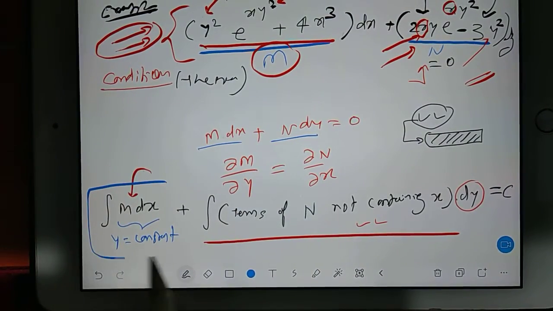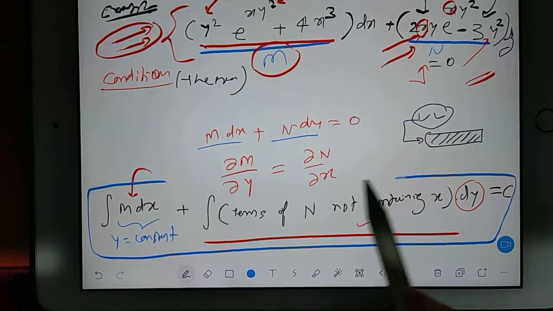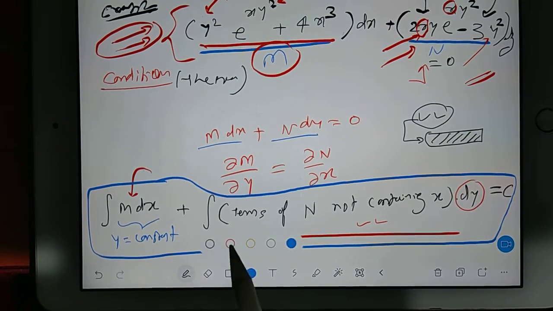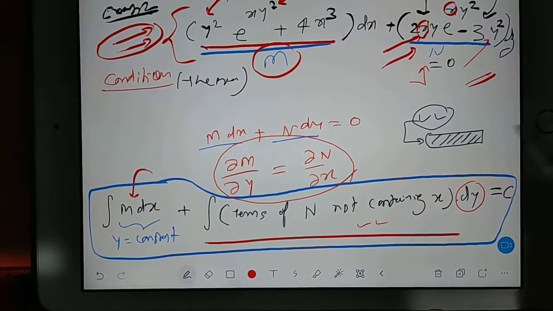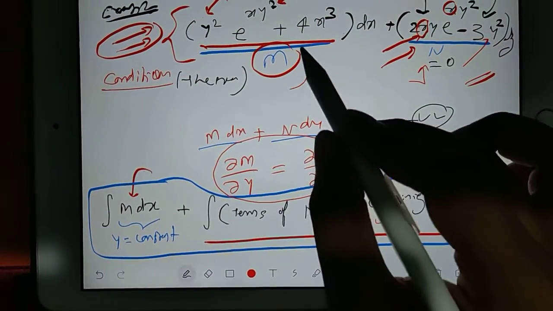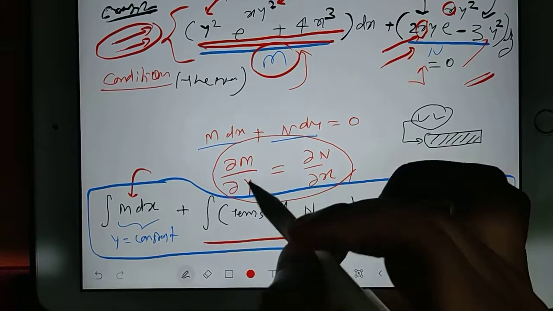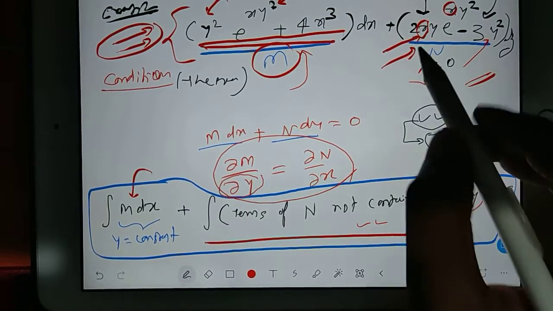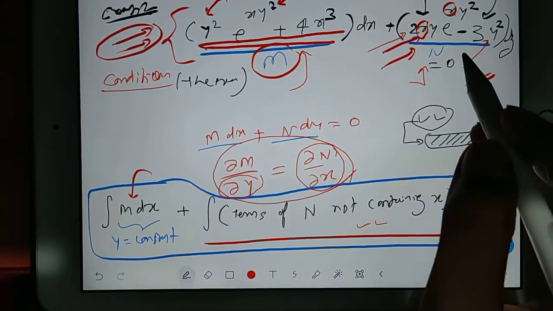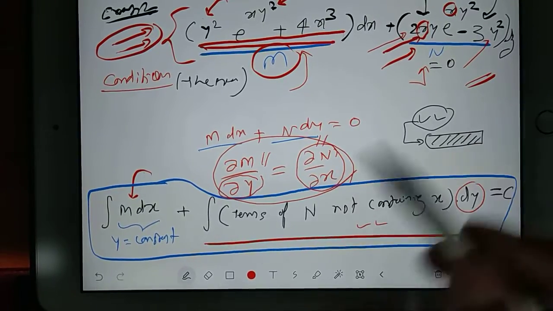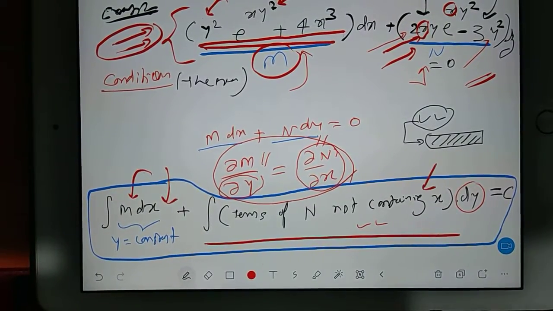This formula will be applied if and only if you make sure the condition is verified. The entire M value you have to differentiate for y, and the N value you have to differentiate for x. If both answers match exactly, then only this equation will be your solution.